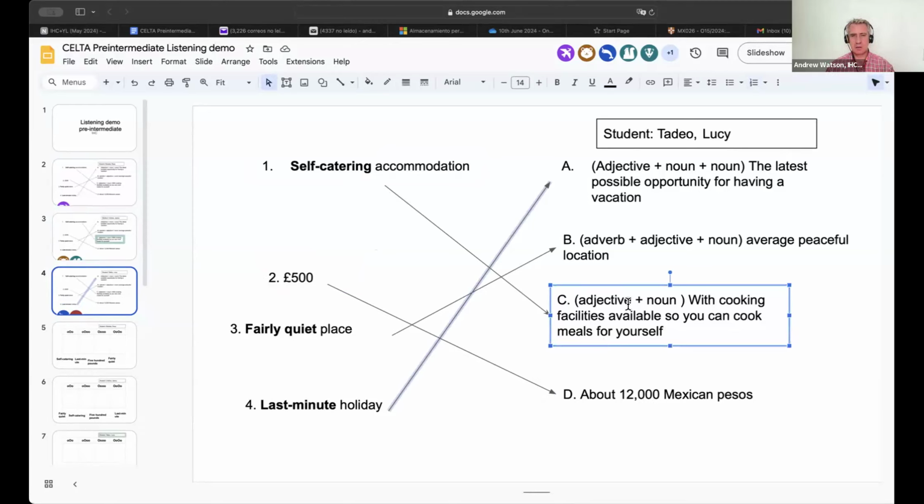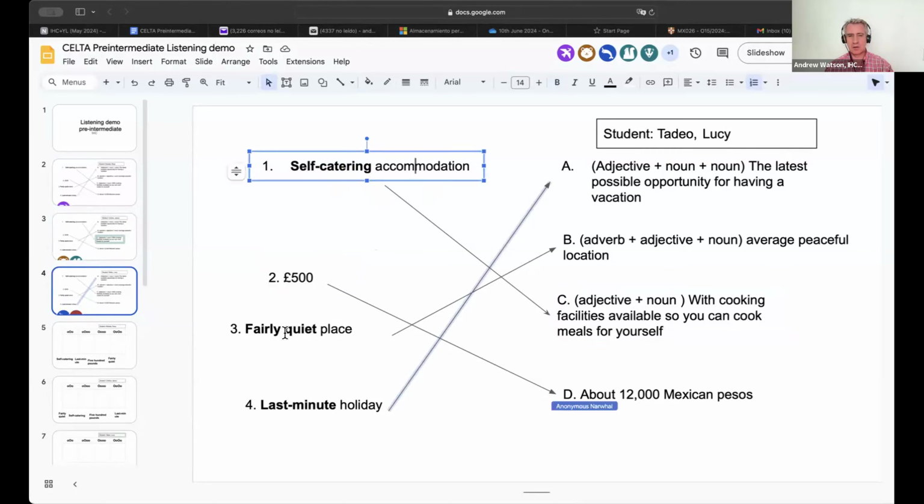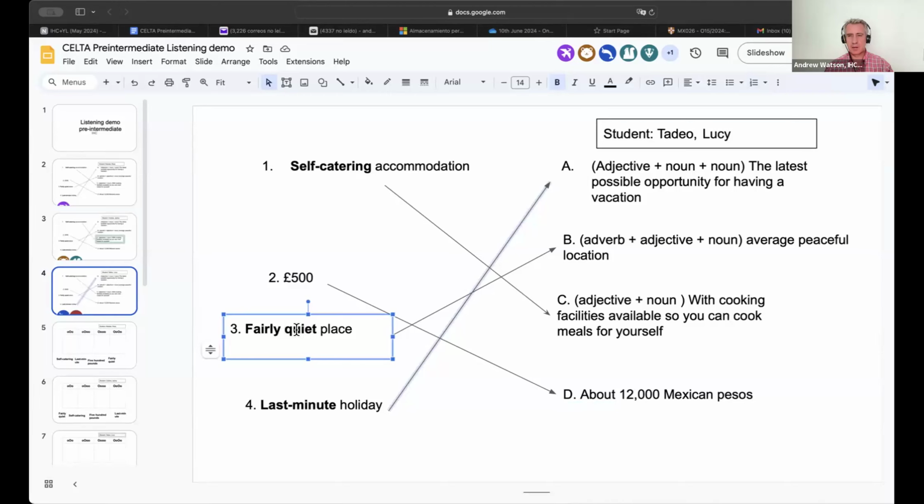Okay, so this together makes the adjective self-catering, and the noun is accommodation. What's the adverb in number 3, Rosa? In number 3, fairly quiet place, which is the adverb?